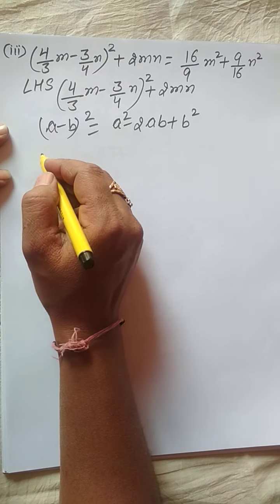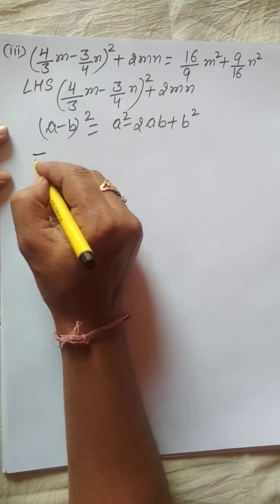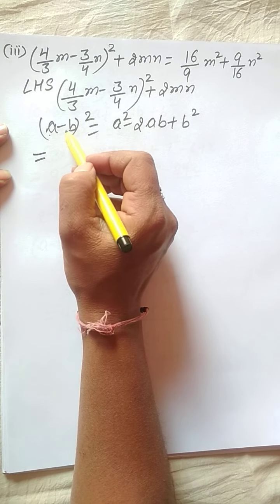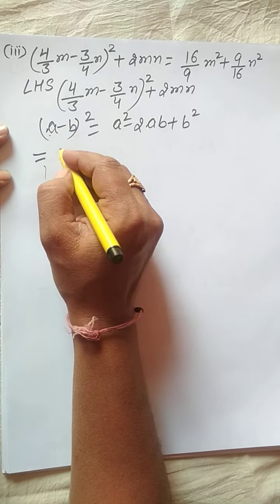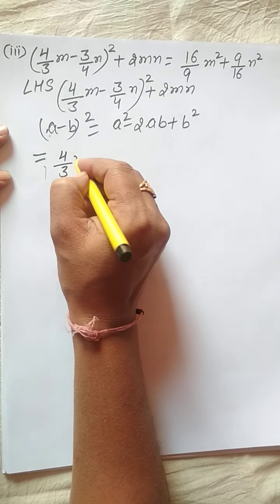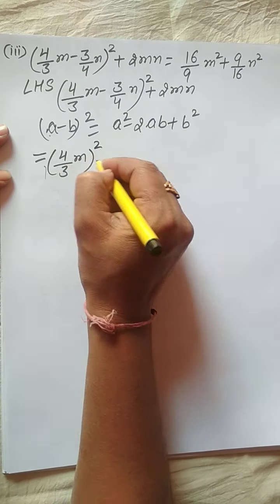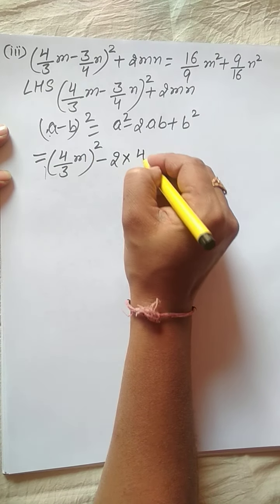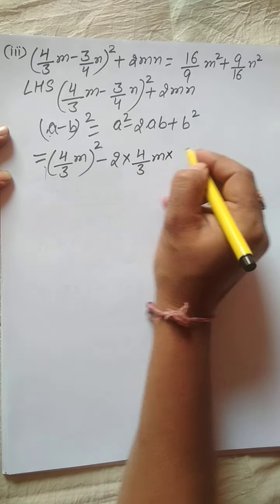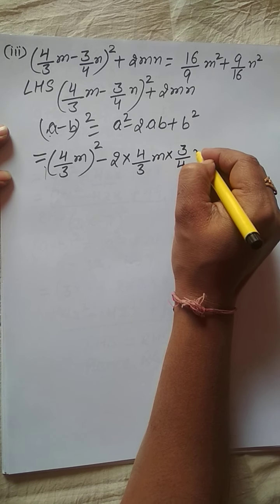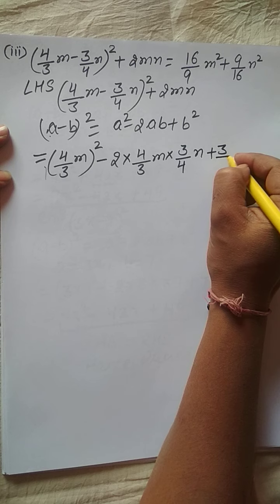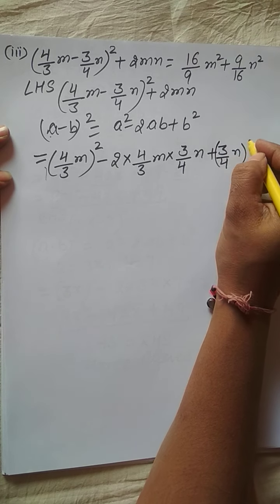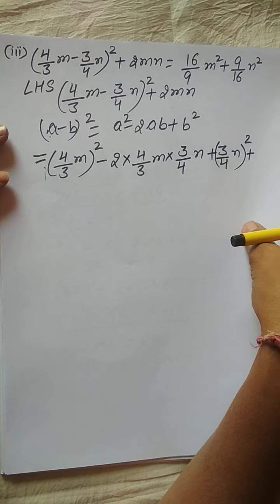Now substitute the values. A is 4/3 m and b is 3/4 n. This is equal to (4/3 m)² − 2 × 4/3 m × 3/4 n + (3/4 n)² + 2mn.